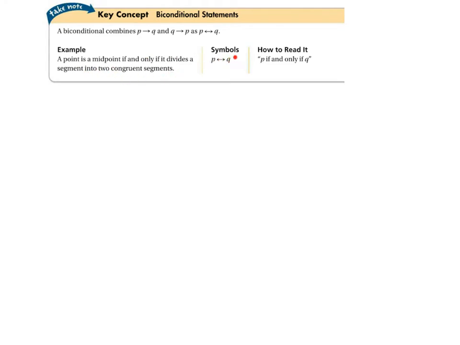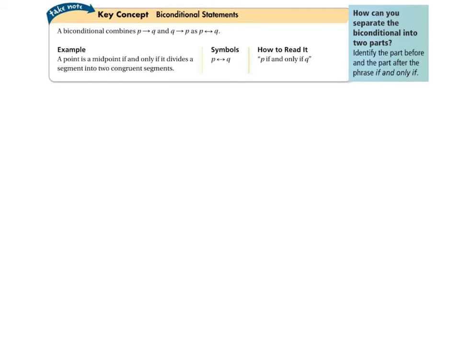P implies Q and Q implies P, so P if and only if Q. And of course, you could split this up into two regular conditional statements. How would you do that? You would identify first the part that is before and the part that is after if and only if. So we can say a point is a midpoint, and then it divides the segment into two congruent segments.